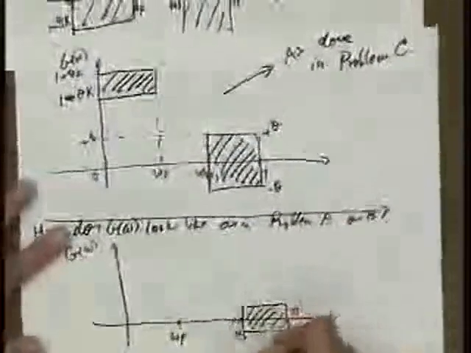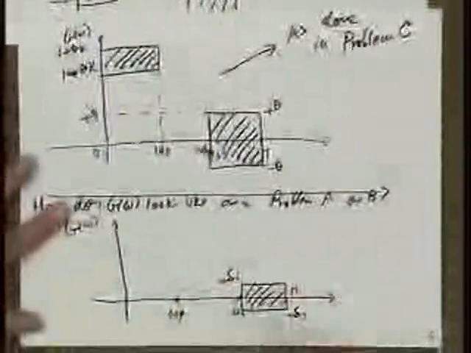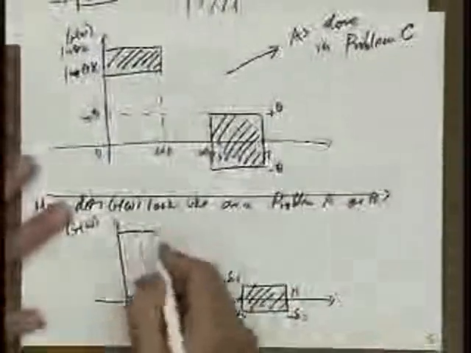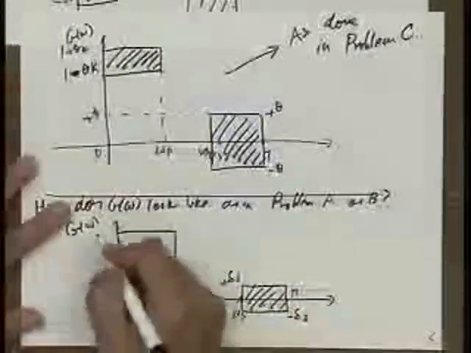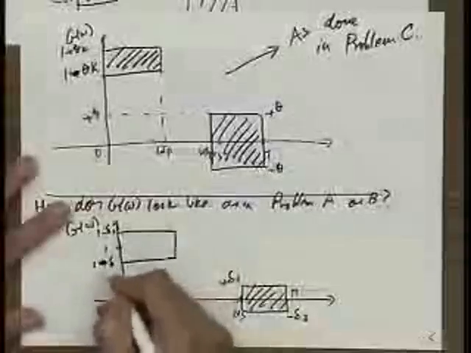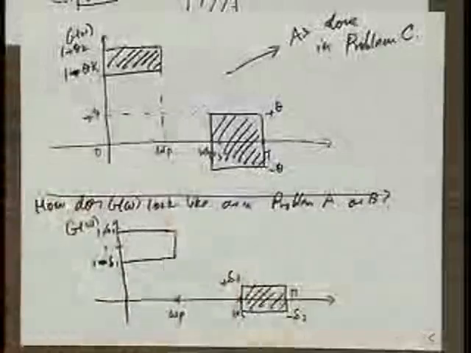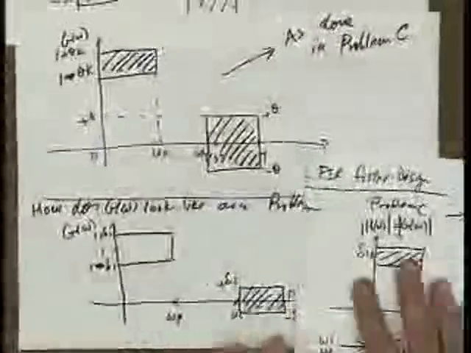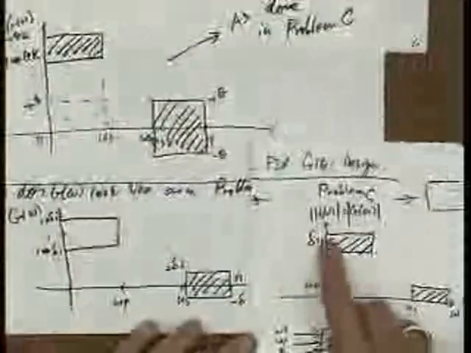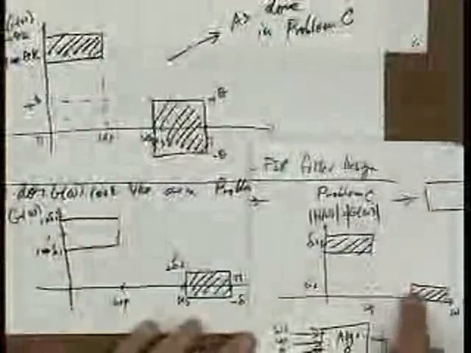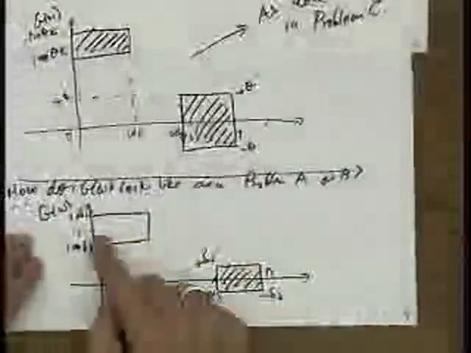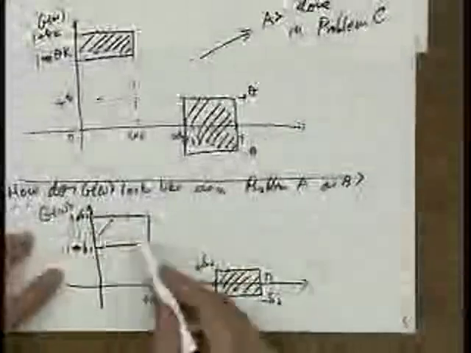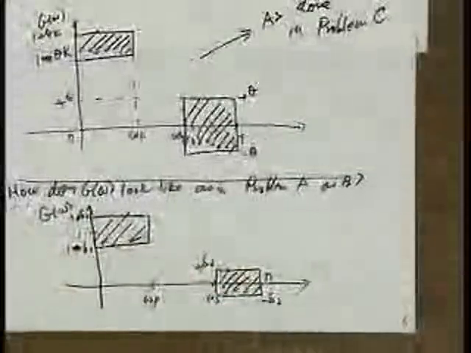Here's omega p, here's omega s, all the way to pi. It would have plus delta 2 going all the way to minus delta 2 here. And up here, this is 1 minus delta 1 to 1 plus delta 1. Right? So what I want you to convince yourself of is this: if magnitude of g of omega has ripple of delta 1 here and delta 2 here, g of omega itself could be in the 1 minus delta 1 to 1 plus delta 1 range here, and plus delta 2 or minus delta 2 here. Okay?